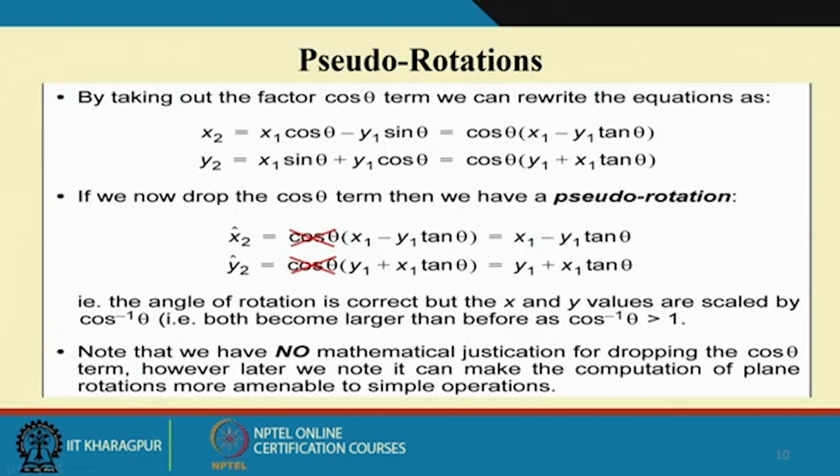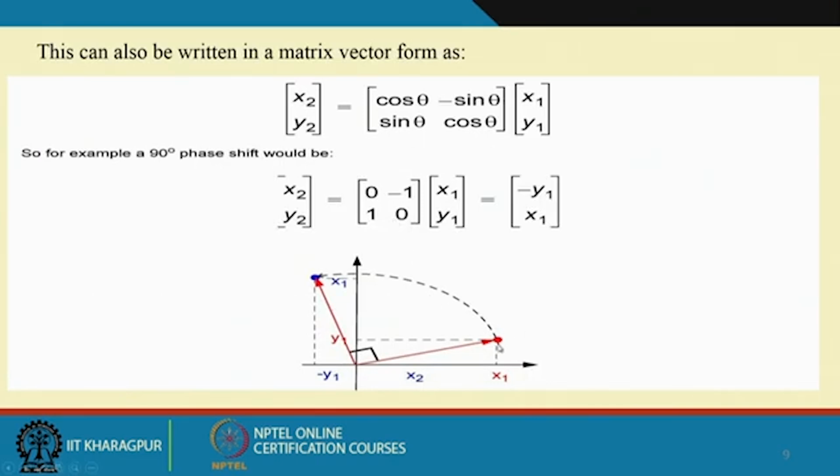What is pseudo rotation? This particular vector is rotated by the angle of 90 degrees, okay.